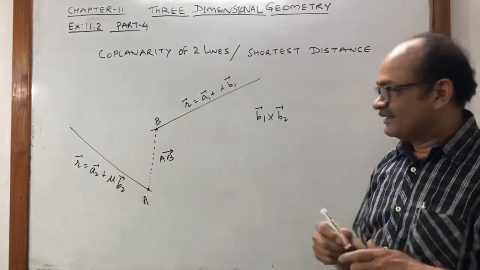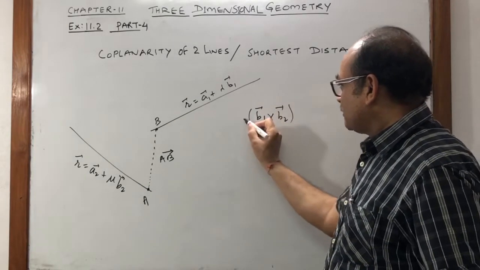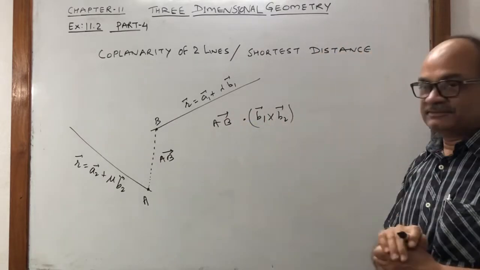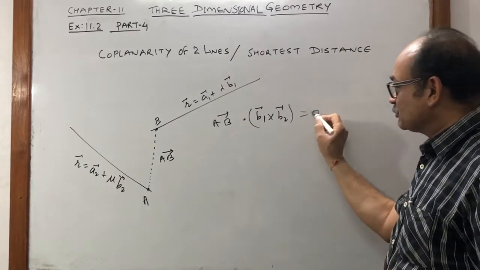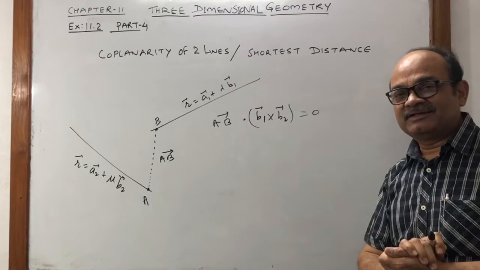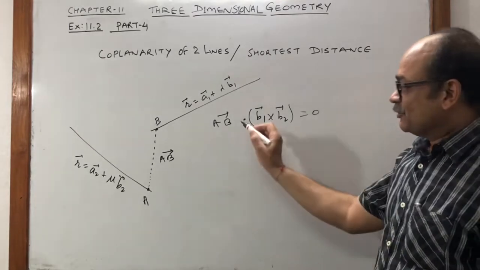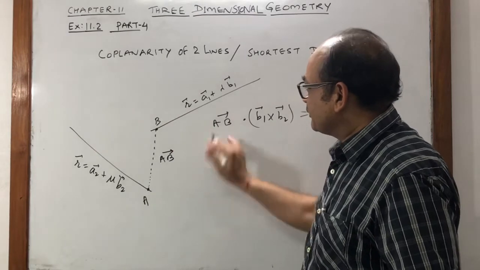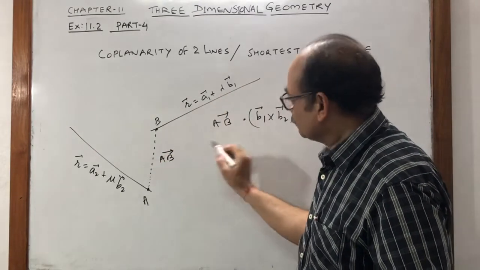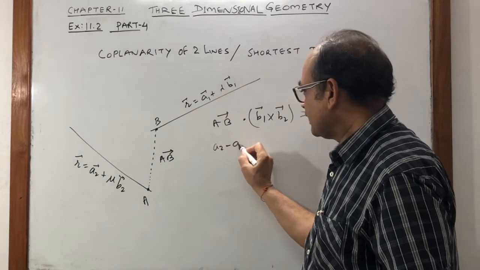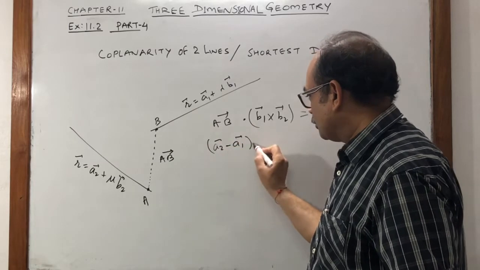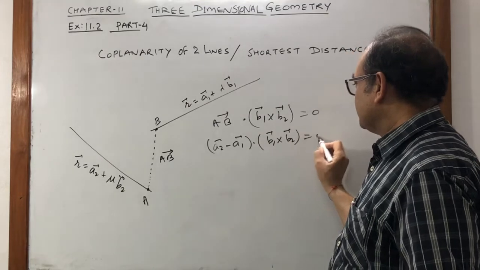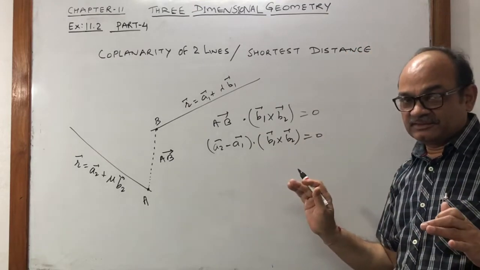So very simple, if the dot product of vector AB with b1 cross b2 equals 0, it means lines are coplanar. So what is AB? AB is the position vector a2 minus a1, dot b1 cross b2 is the solution.